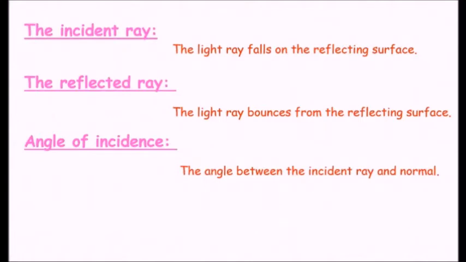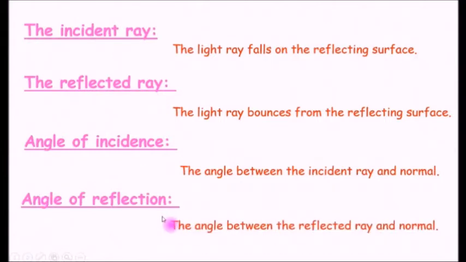It is the angle between the incident ray and the normal, and also between the reflected ray and the normal there is an angle called the angle of reflection. So we have talked about four definitions: incident ray, reflected ray, angle of incidence, and angle of reflection.